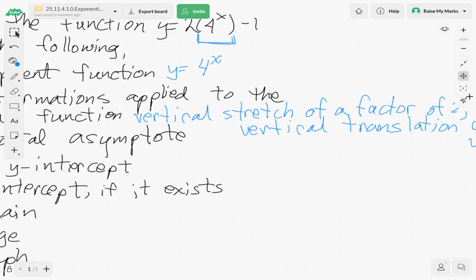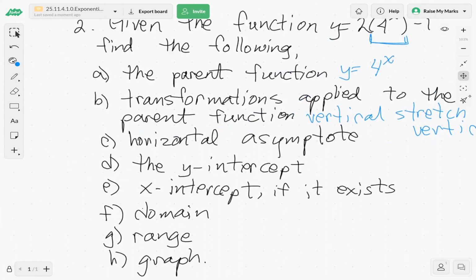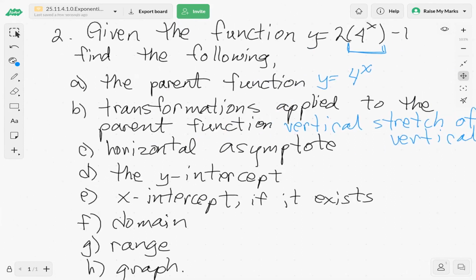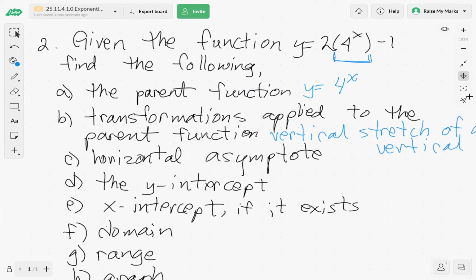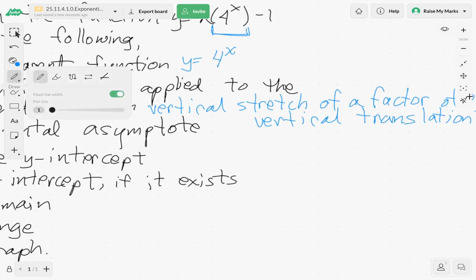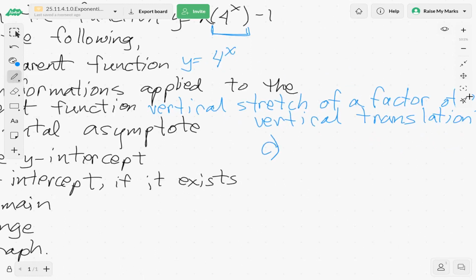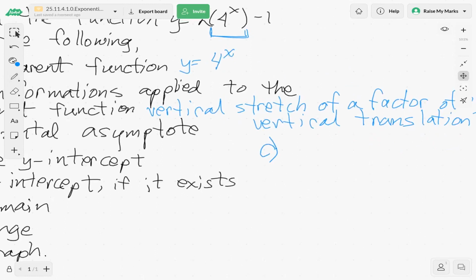Let's look at part C. Horizontal asymptote. So we need to consider what happens as the x value gets large positively and very small negatively. So let's do this off to the side here. We can consider limits.